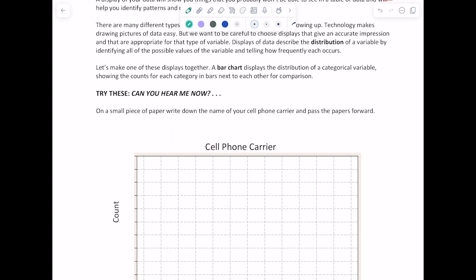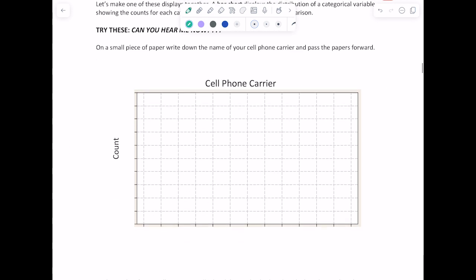Now this activity is done in class, but I can give you an idea here. Let's pretend cell phone carriers. We've got AT&T, Verizon, T-Mobile, and then we'll say other, in case I'm missing one.